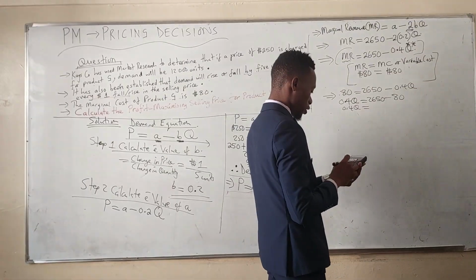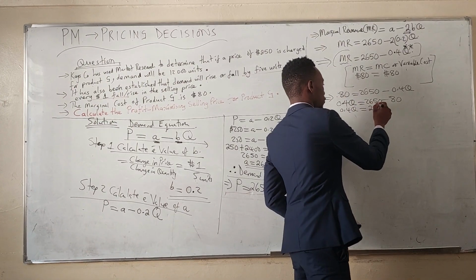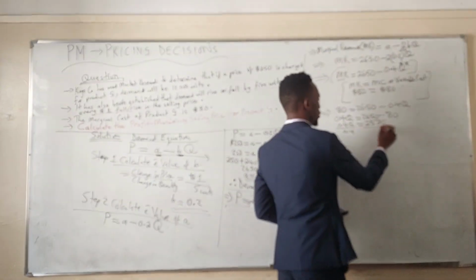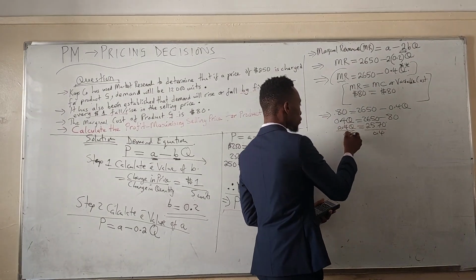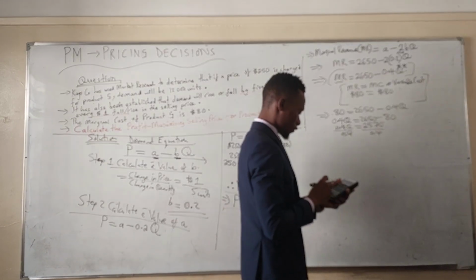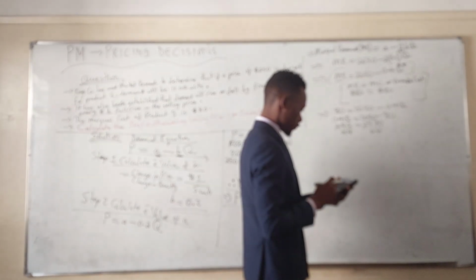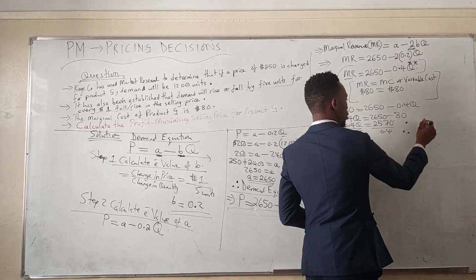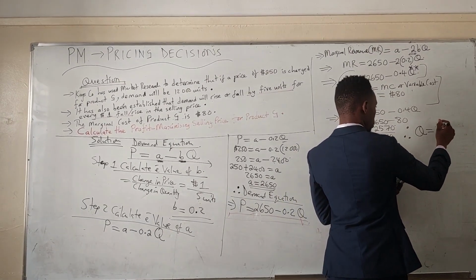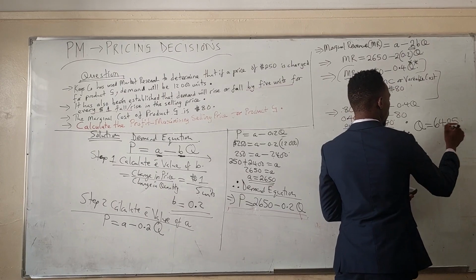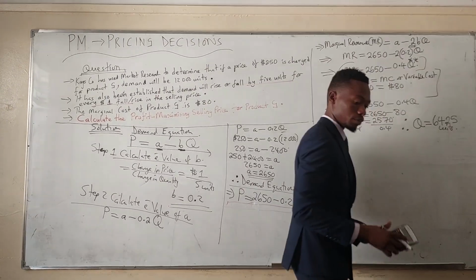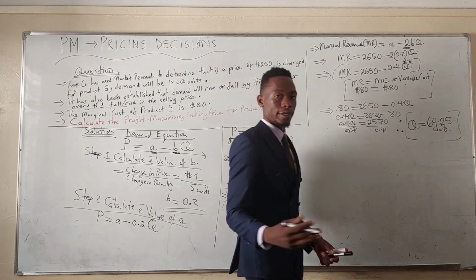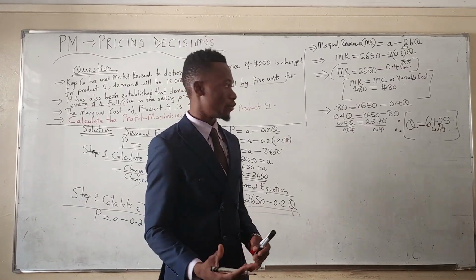So 2650 less 80, that's 2570. What is the value of Q? You divide both sides by 0.4. So 2570 by 0.4, the Q will therefore be 6425 units. Now we know the quantity that we should sell if we want to maximize the profits.